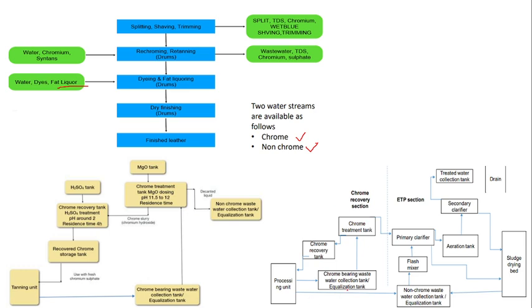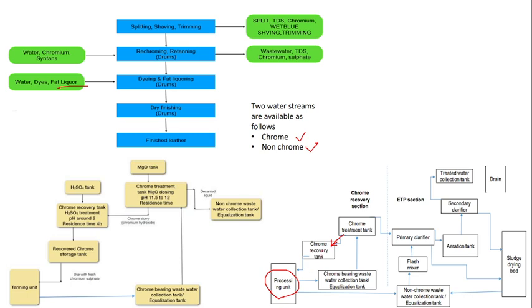First, from the processing unit, the tanning unit, we collect the waste, which is the chrome-bearing waste. It is collected and equalized, and then it goes to the chrome treatment tank. The first step is the treatment tank, and the second step is the recovery tank. Once the chrome is treated, it comes to the recovery tank.